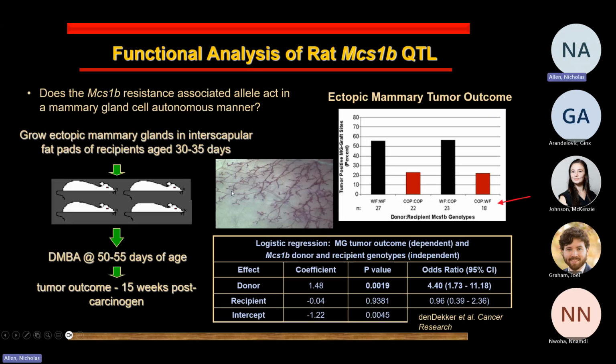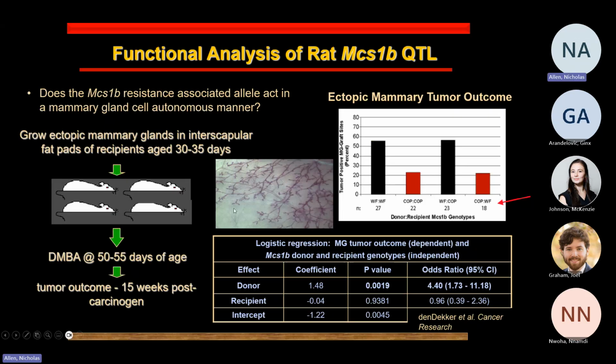And what we can now do is use different donor strains and recipient strains and do reciprocal grafting. And here we have our susceptible mammary gland genotypes into the susceptible recipient. And you can see the outcome here, a little over half of those develop tumors.